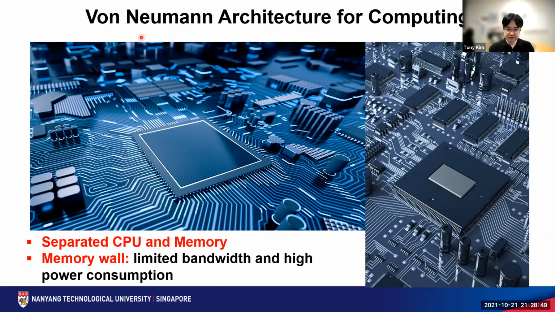The main feature of this architecture is that you have a CPU or a microcontroller and separate memory elements. Whenever you do some processing, you have to read data from memory and process it in a CPU, and then you have to write the processed data back into the memory. Because of that frequent data transfer, it consumes a lot of power, and the data bandwidth that you can achieve is also limited. We call that the memory wall.